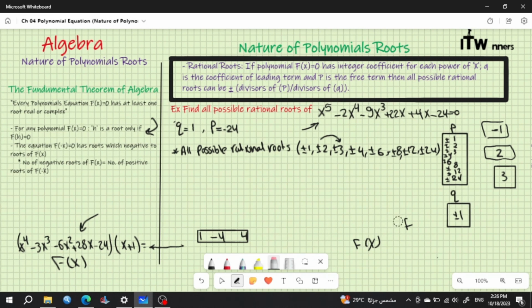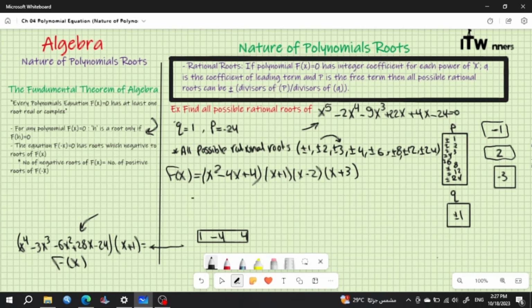So from these roots and this quotient, f of x will be equal to x squared minus 4x plus 4 into x plus 1 into x minus 2 into x, here we have negative 3, so we have x plus 3. Okay, we can factorize this bracket.